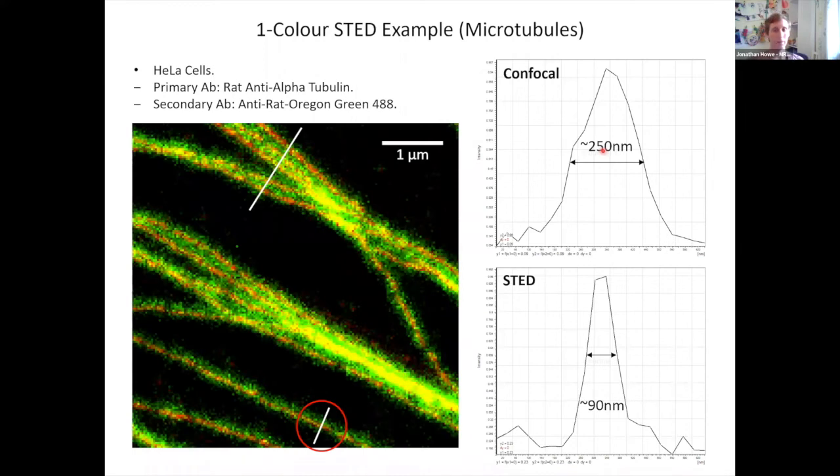And that value is entirely expected for confocal in the green wavelengths for this particular NA of lens, which is around a 1.4 NA lens. But in the STED image, the PSF is considerably narrower because the resolution has improved, and it's down to 90 nanometers.